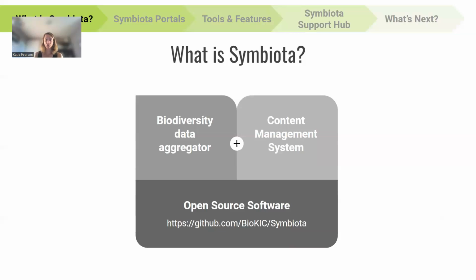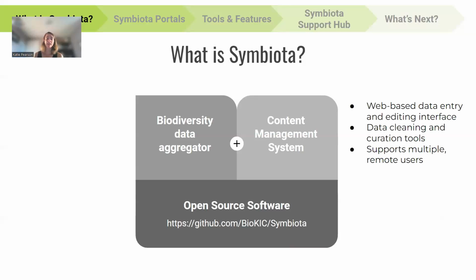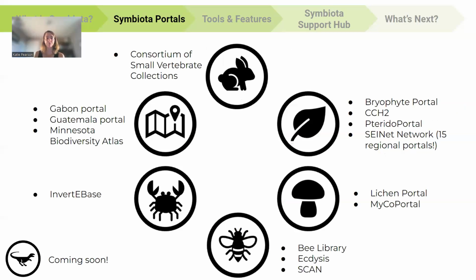So as I mentioned, Symbiota can also be a content management system. This is a place where you can keep your data, where you can manage your data using a variety of tools. It has a web-based data entry and editing interface because Symbiota portals are accessed via the web. It has data cleaning and curation tools, and it supports multiple remote users at any one time.